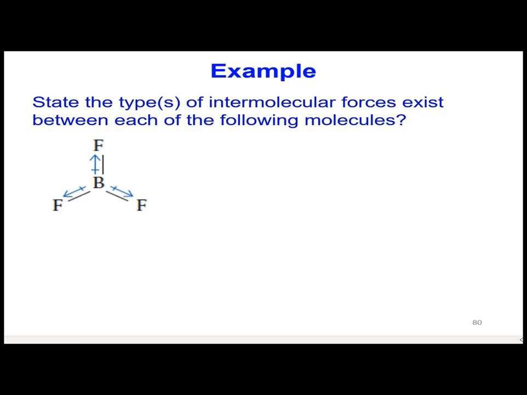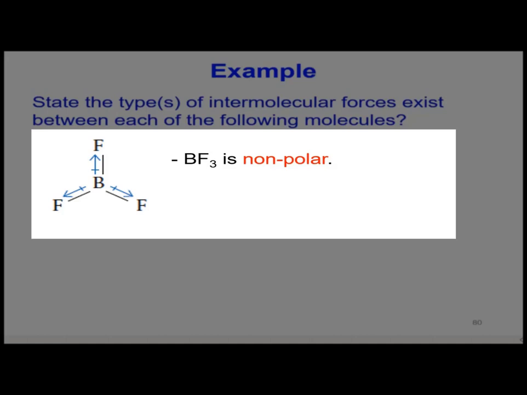BF3 is symmetrical in shape, trigonal planar, and all the terminal atoms of BF3, which is fluorine, bear partial negative charge because fluorine is more electronegative than boron. Therefore, BF3 is a nonpolar molecule. As we have learned just now, a nonpolar molecule will have London forces existing between its molecules.